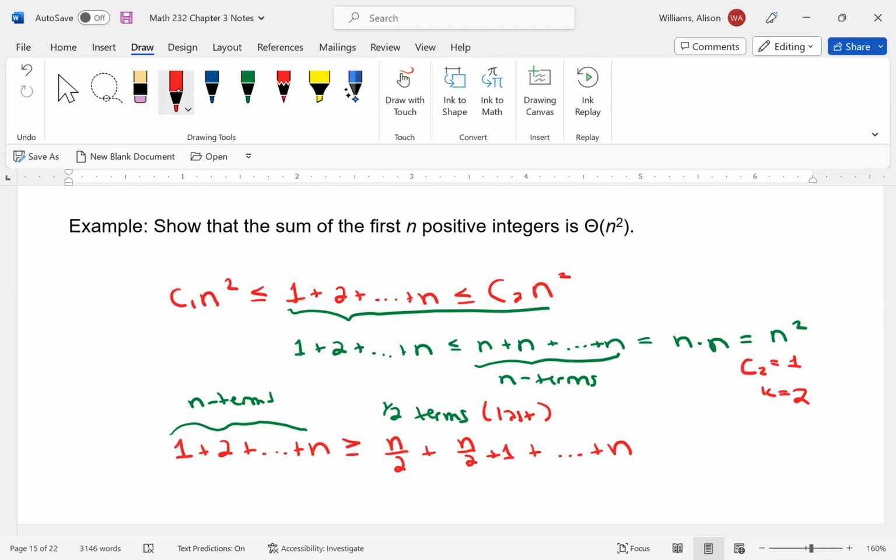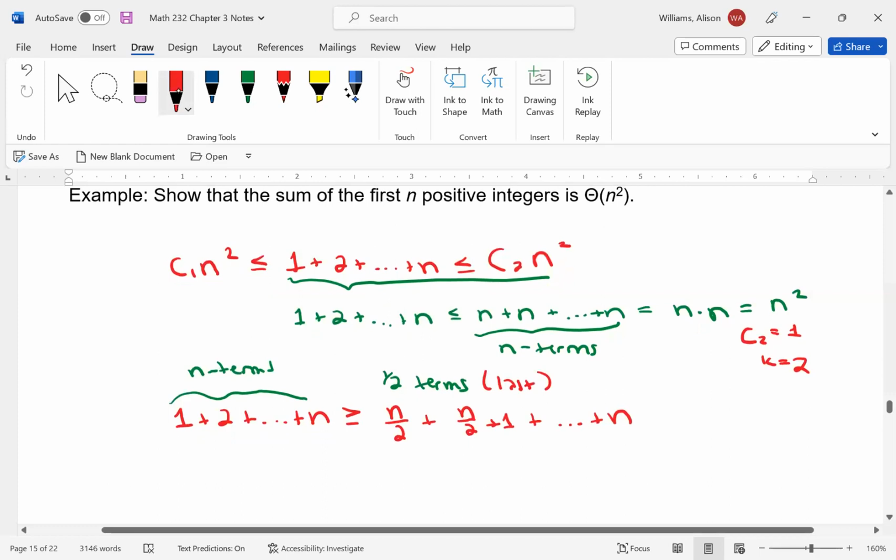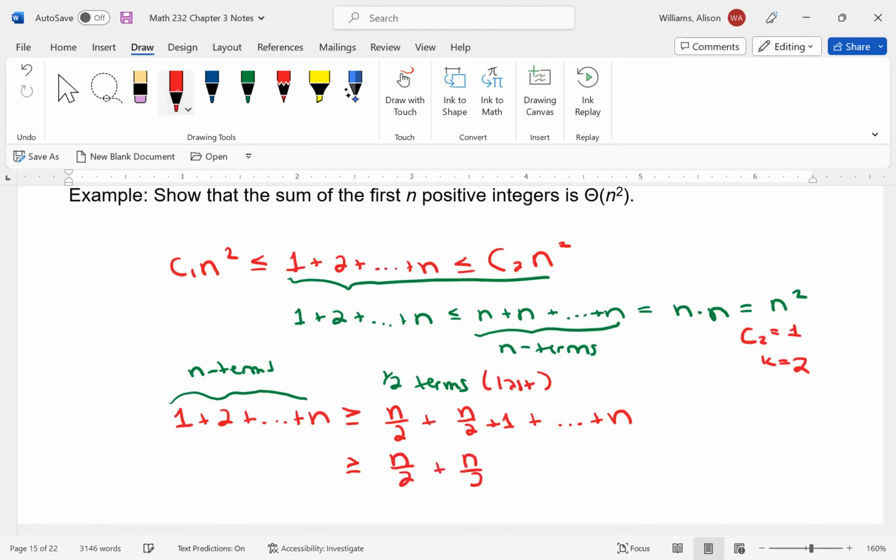Now we can make each of these n over 2. Every term here could be thought of as n over 2, using the same trick we used earlier where we made them all n. This time we're making them all n over 2 because we want them smaller. So clearly that number is smaller. How many of these terms do we have? We have half the number of terms, or in other words, n over 2 terms.